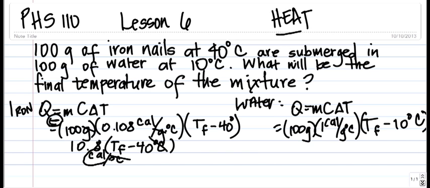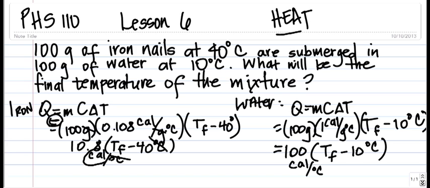So on the flip side, I'm going to go ahead and distribute my 100 times my 1 calorie for water. And what I'm left with here is 100 times final temperature minus 10 degrees Celsius. Again, the units on my new 100 value here, my grams cross cancel and I'm left with calories per degree Celsius.